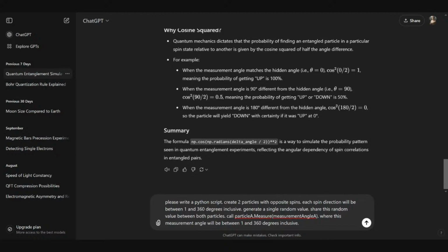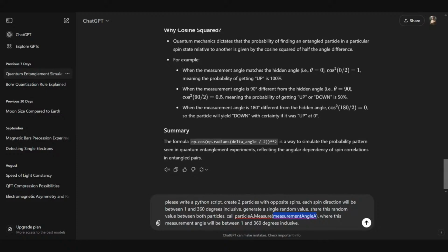So we're going to measure right and left. So let's say we're measuring angle is 0. But I want there to be an angle. Are they measured?